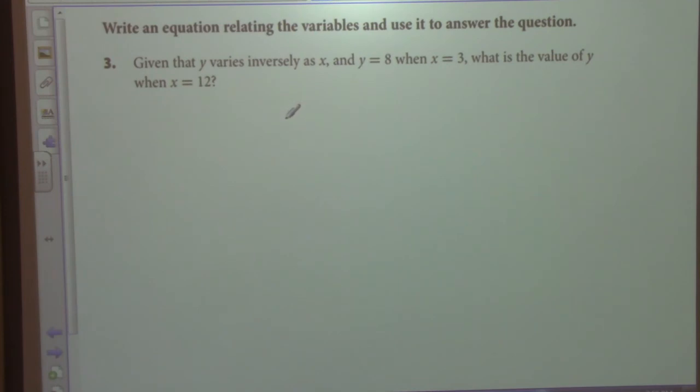Okay. So what you have is, y varies inversely as x, and y equals 8 when x equals 3. So x times y is going to be equal to 8 times 3, which equals 24. So then we can create an equation. We have y equals what? 24 over x.